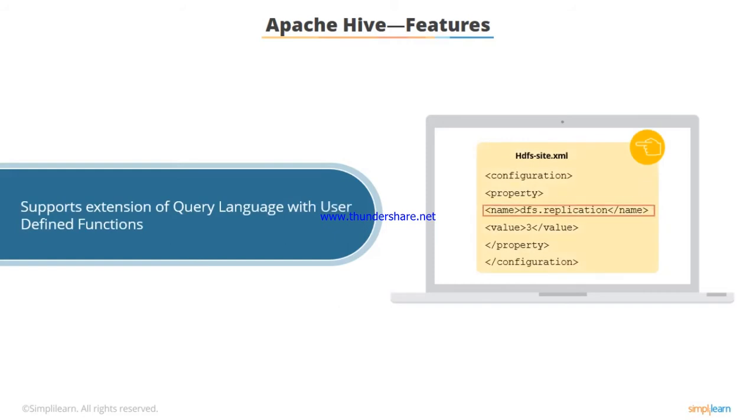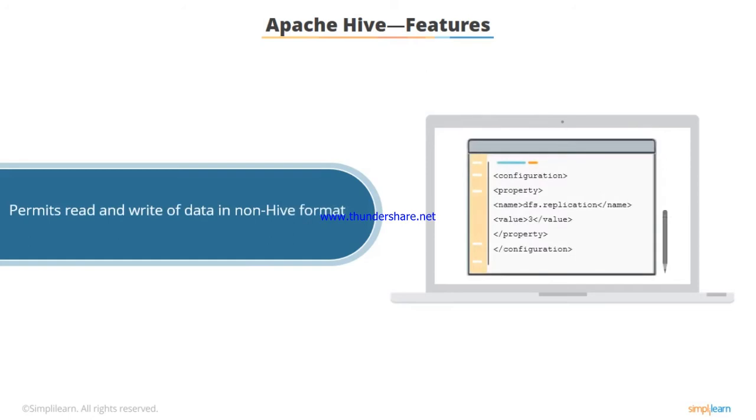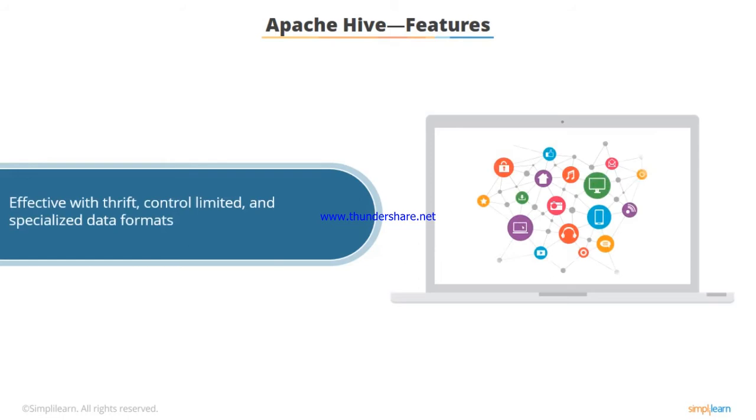Supports extension of query language with user-defined functions, or UDFs, user-defined aggregate functions, or UDAFs, and user-defined table functions, UDTFs. Permits read and write of data in non-Hive format. Effective with Thrift, control-delimited and specialized data formats.